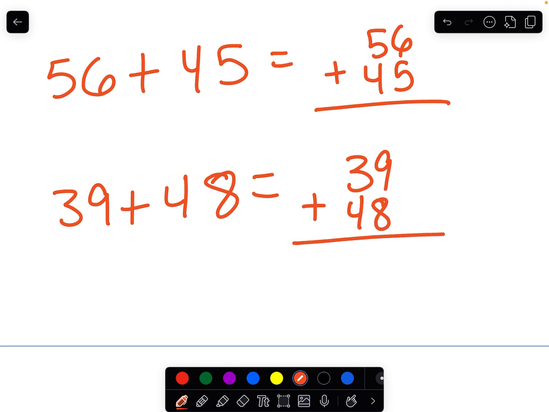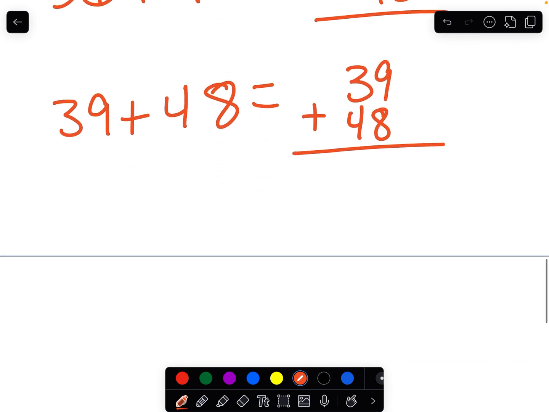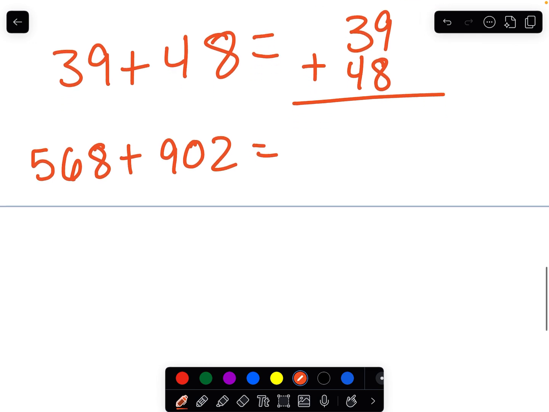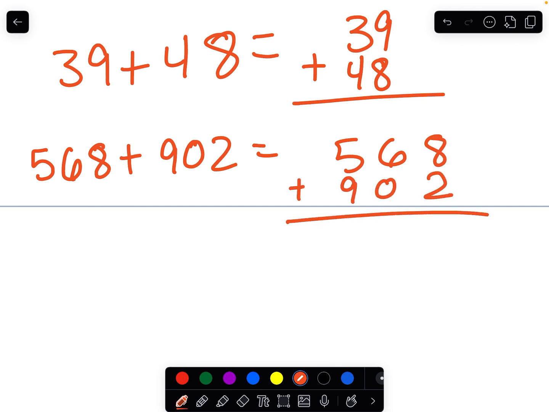If what you're thinking about or writing out looks like that, you are correct. What about that one? Think about it. Where do all those numbers go according to place value? If this is what you got, then you are on the right track.